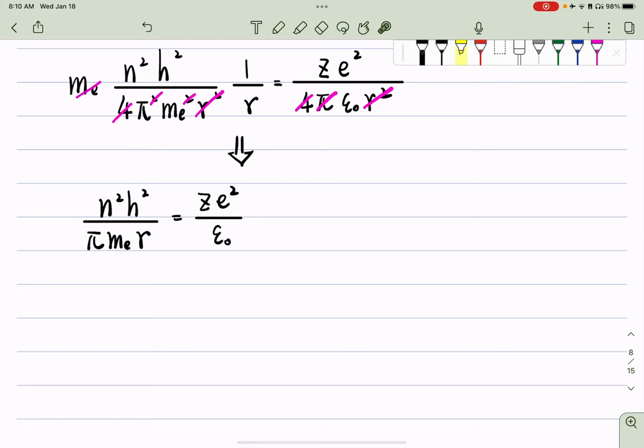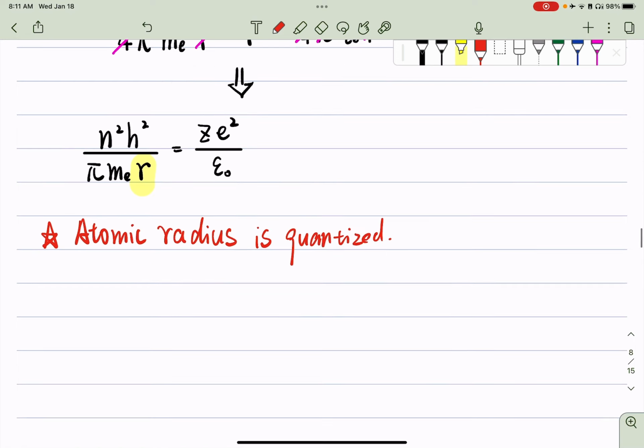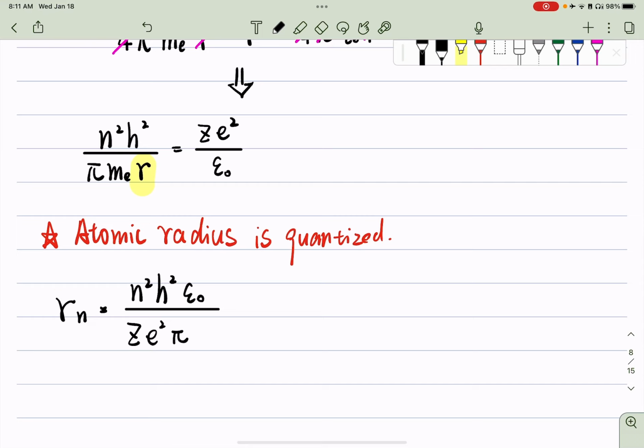Since we're solving for the atomic radius as quantized, solving for r, what we have is R_n equals n squared h squared epsilon naught over Z e squared pi m_e.